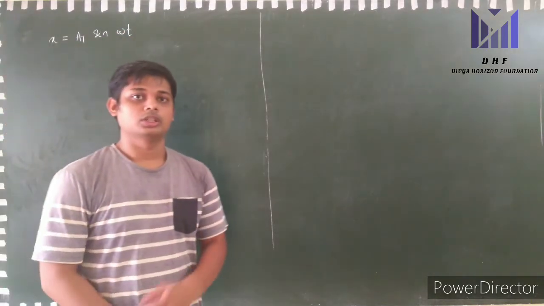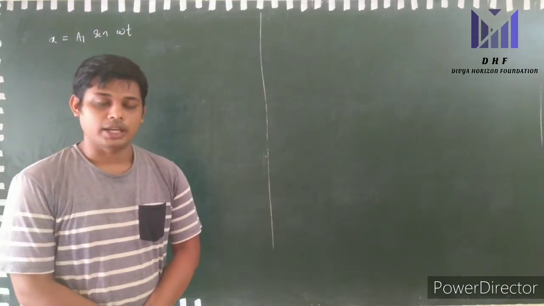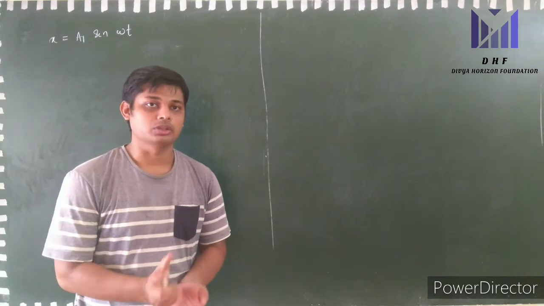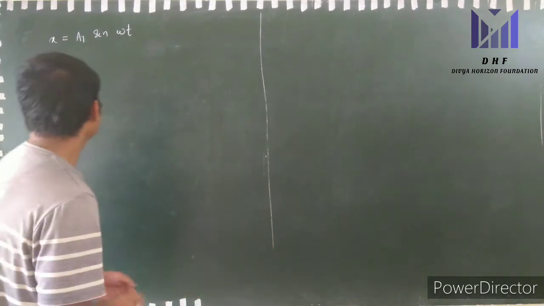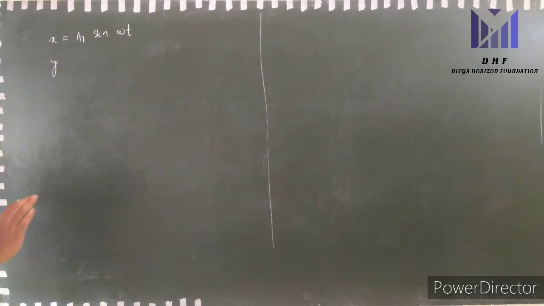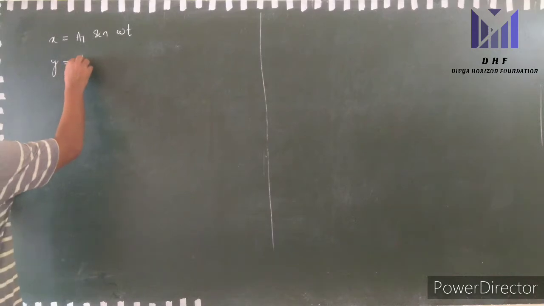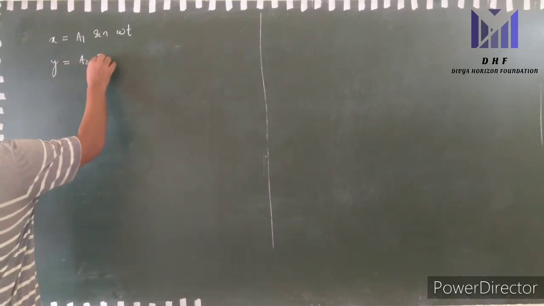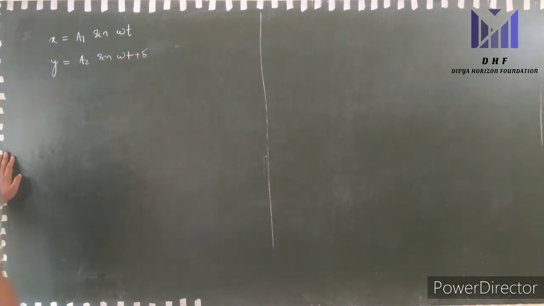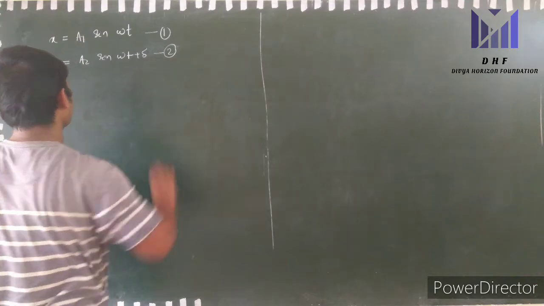Similarly, suppose the second force acts on the particle, and by the action of the second force the particle executes a simple harmonic motion in the y direction, and this equation of motion is given by y = a2 sin(ωt + δ). Call these equation 1 and equation 2.